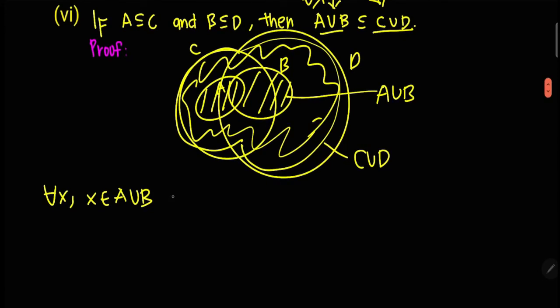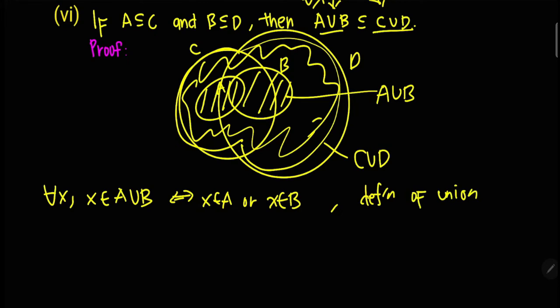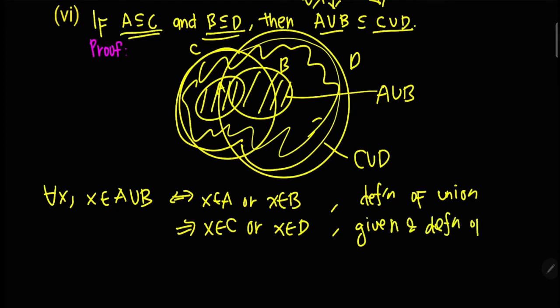By the definition of the union, this is the same as saying that either x is in A or x is in B. Now, since x is an element of A, and A is a subset of C, which is given, that would imply by the definition of subset that x is also in C. On the other hand, we have x is in B, but B is a subset of D. By the definition of subset again, x must also be in D. So that's using the given and the definition of subset.